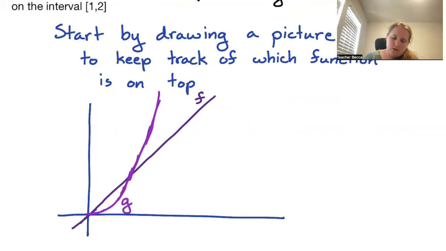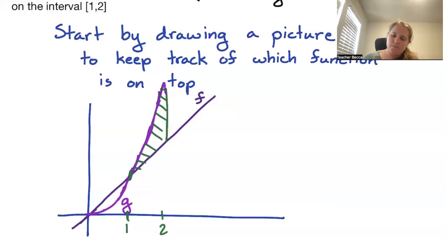So this is our g. So we were interested from 1, where they cross, to 2. So for the entire region between 1 and 2, g of x is on top.